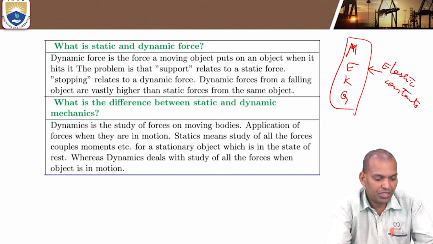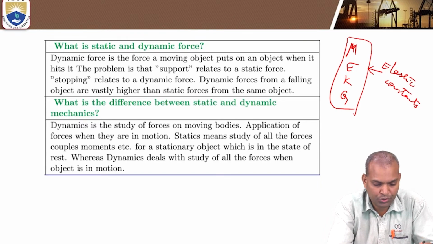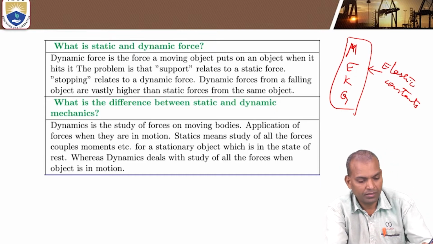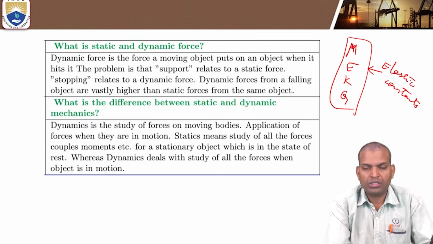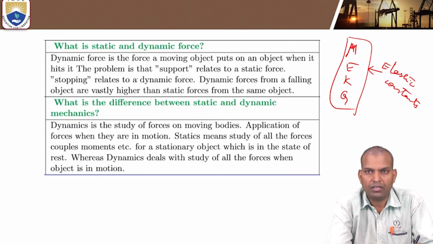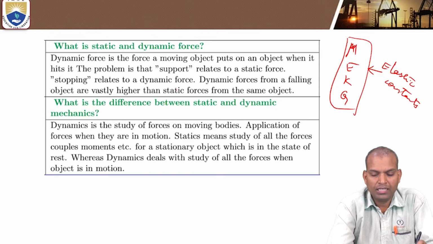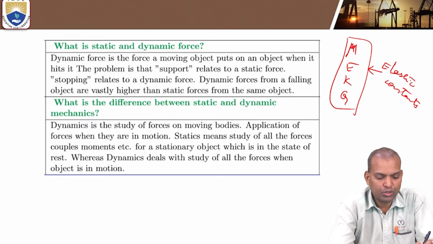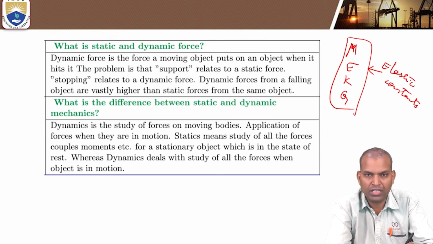Next definition: what is static force and what is dynamic force? Dynamic force is the force a moving object puts on an object when it hits it. That is the dynamic force. But the support relates to a static force.